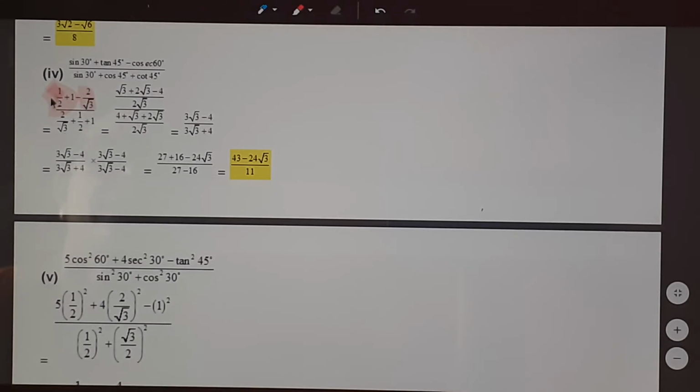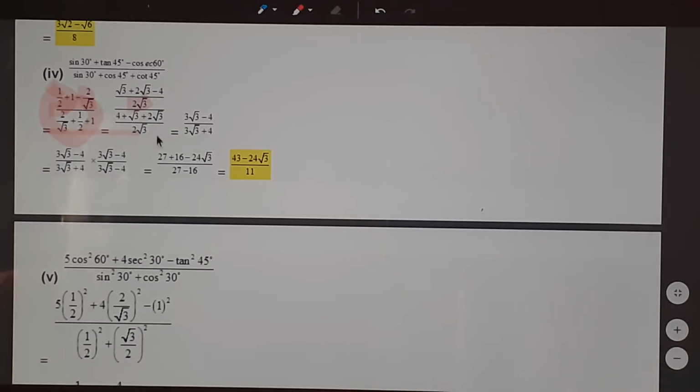After substituting, you will get 2 by root 3 in both. In this the denominators are the same, so they will be cancelled. So you will get simply 3 root 3 minus 4 and 3 root 3 plus 4.